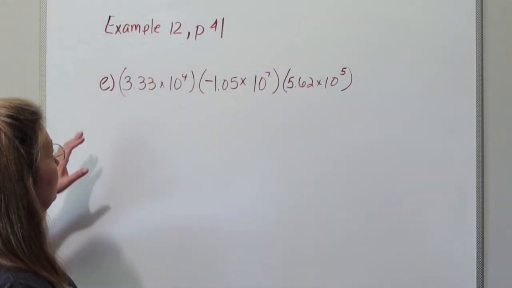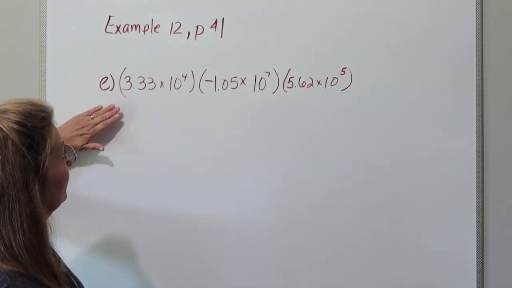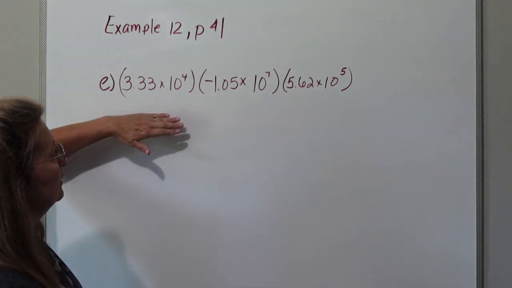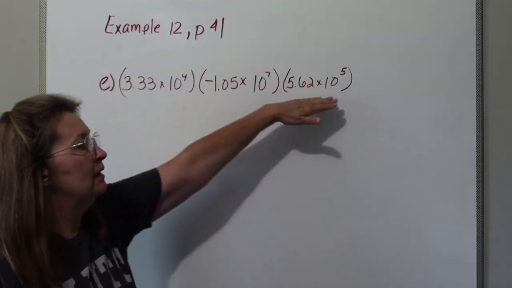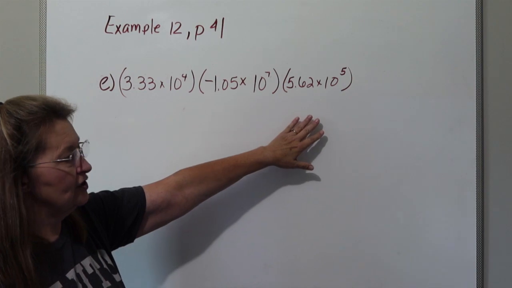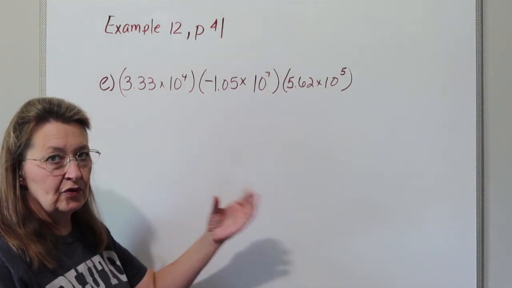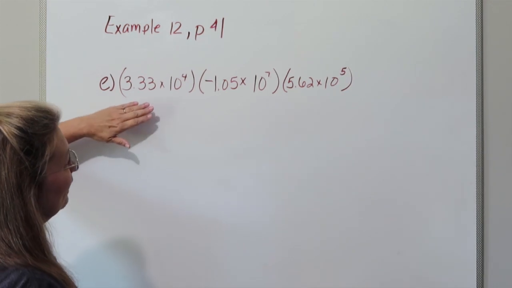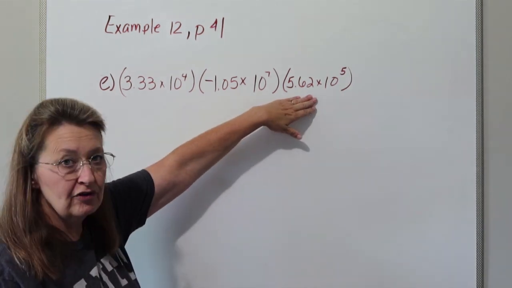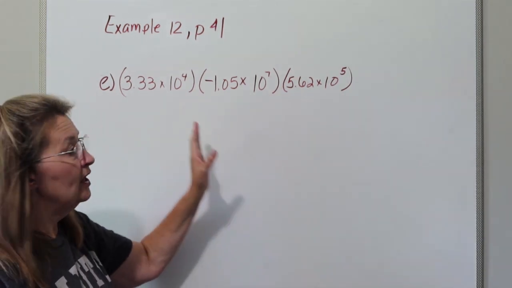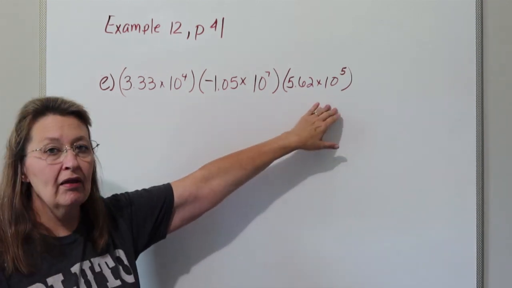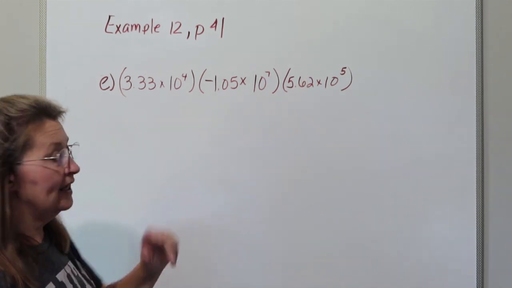Okay, here's our last one. This is example E, or part E from example 12. Now this time I have 3 scientific notation terms multiplied together. But it's the same thing, it's just 3 of them. I'm going to take out all of the first numbers and multiply them together, and then I'm going to multiply all of my tens together by adding exponents.